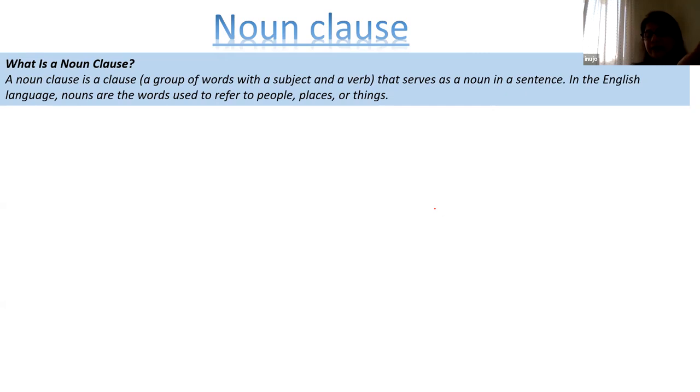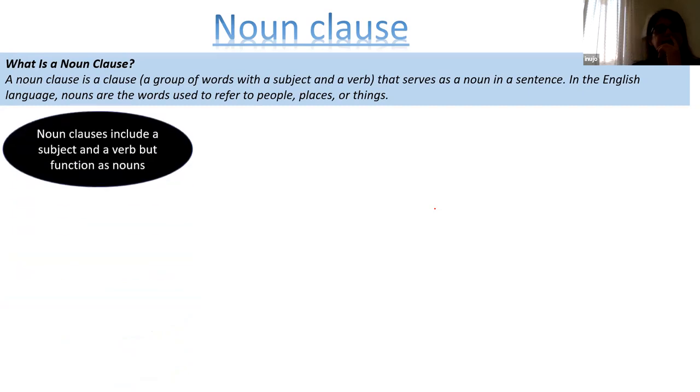Like a normal noun refers to a person, place, animal or thing, when a clause replaces a noun, that is called a noun clause. Let's see a few things about a noun clause. Noun clauses include a subject and verb, but they function as nouns. So if the clause plays the role of a noun, then it is called a noun clause.